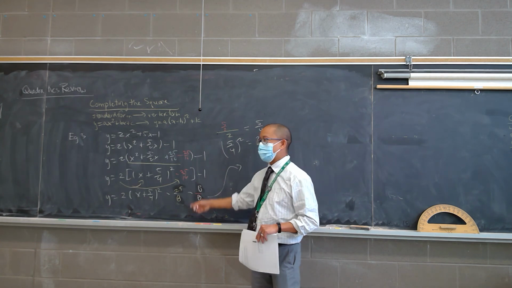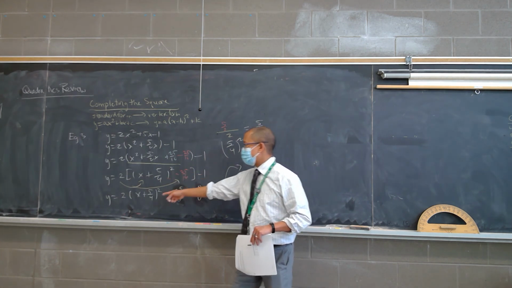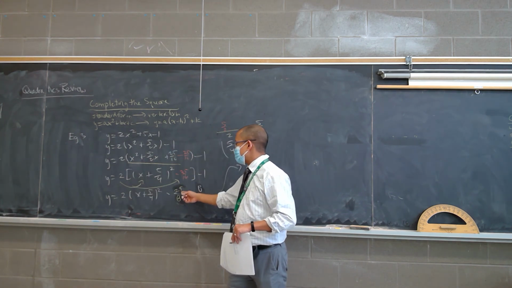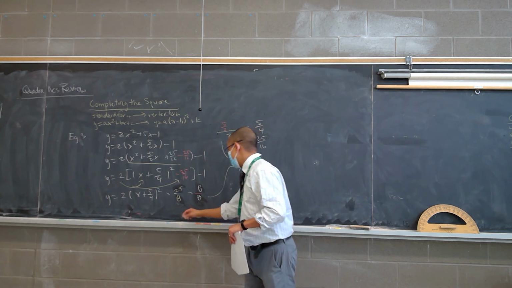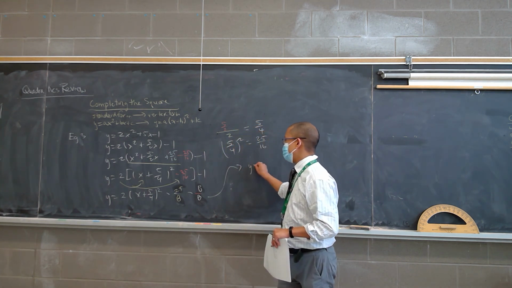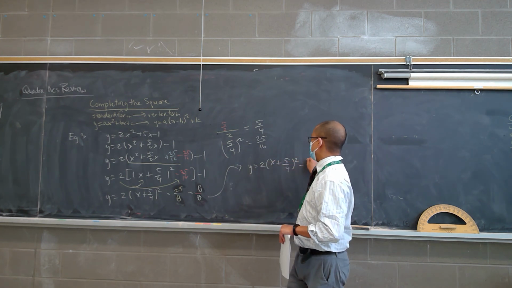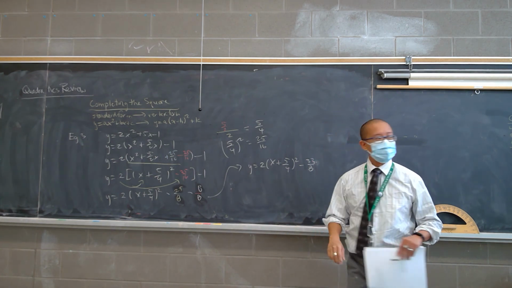Is that okay? Did everyone see what I just did? That was 50 over 16, right? Because it was 2 times this, and then I just reduced that fraction. This is a little easier. So what's 25 minus 8? I think that is 33. And this is the vertex form.